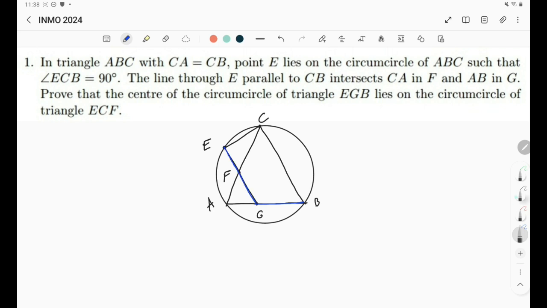I'm going to take the circumcenter somewhere, maybe here. Let's call it O prime. And then what we need to show is that this O prime actually lies on the circle ECF.